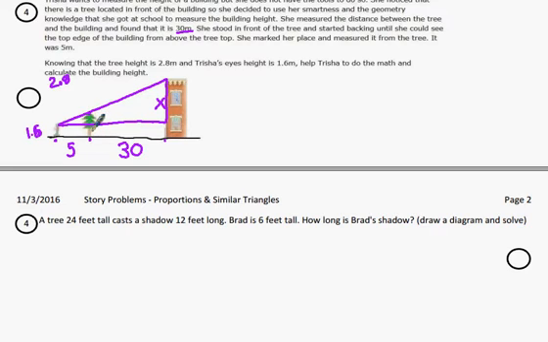The triangle we're going to use runs along the tree, but it is actually 2.8 minus 1.6, because our triangle does not include the entire tree.